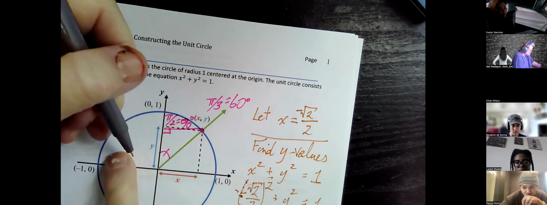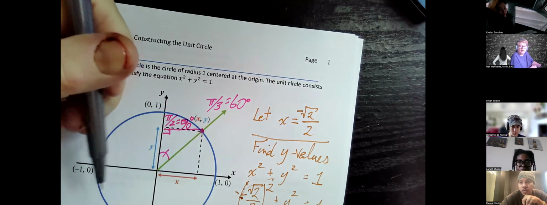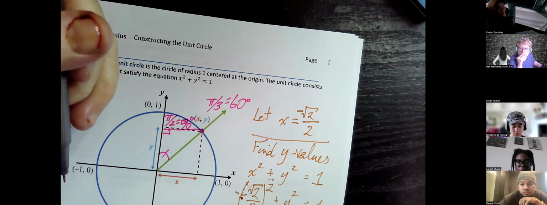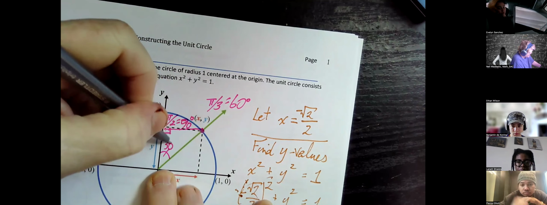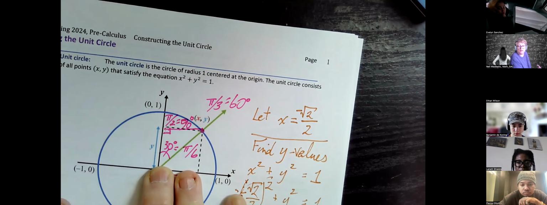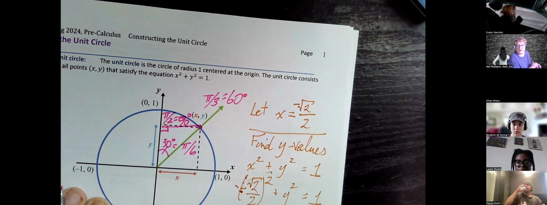Almost. So we've got 90 plus 60 plus what equals 180? 30. Yes, 30 or pi over 6. And we are really going to push thinking of radians first. So right now we're translating into radians, but we want to be comfortable with radians first.